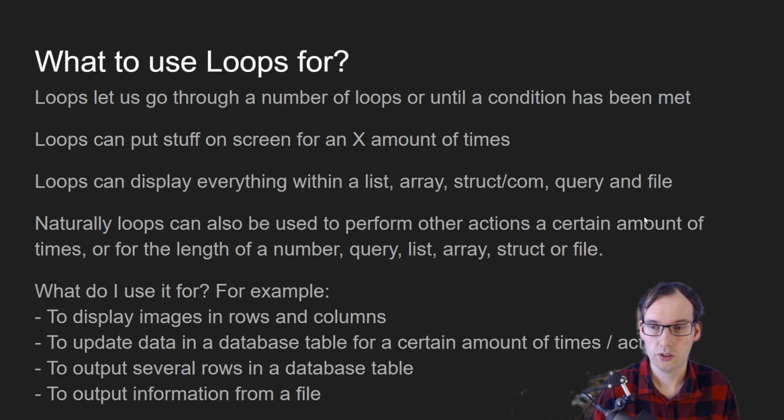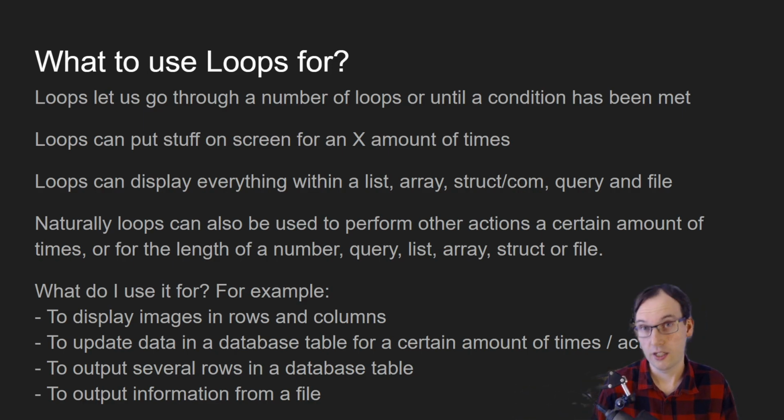Queries is for next tutorial, and files I think we will also later look into, but essentially in a file you can go through a text file, for example, and go through every line of the text file. Loops can also be used to perform other actions a certain amount of times over the length of a number, query, list, array, struct or file.